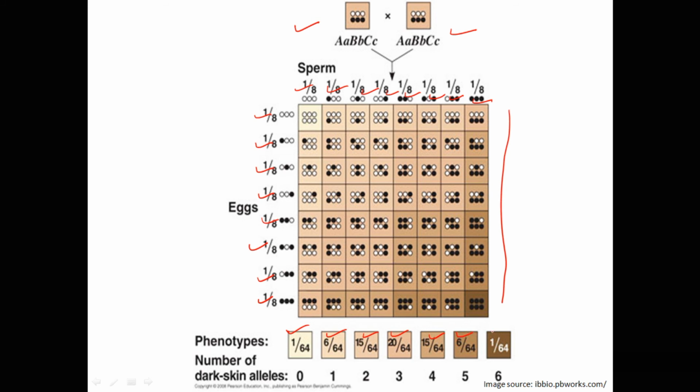These are the tones of the human skin color obtained. These are obtained in the ratio of 1:6:15:20:15:6:1. This offspring will have no dominant genes, so fairer skin offspring obtained, and this offspring will have all the 6 alleles dominant, so dark skin tone obtained.